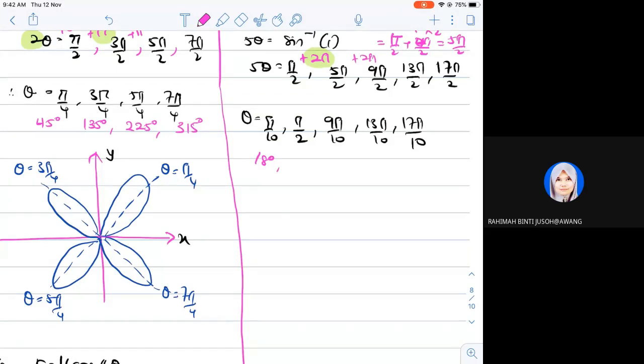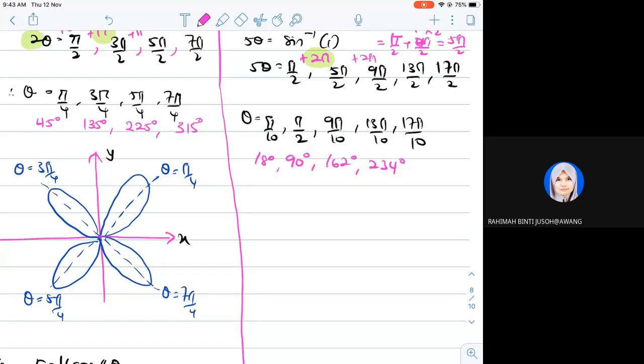Okay, good. Next, pi over 2 is 90 degrees. Ni you kena kira tadi. So, 9 times 180 divided by 10. So, we have 162 degrees. And then 13 multiplied by 18, we have 234 degrees.